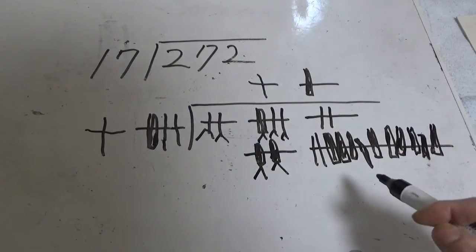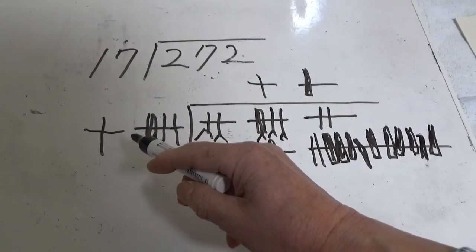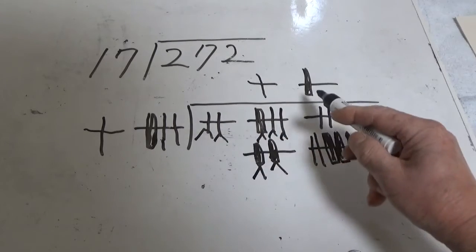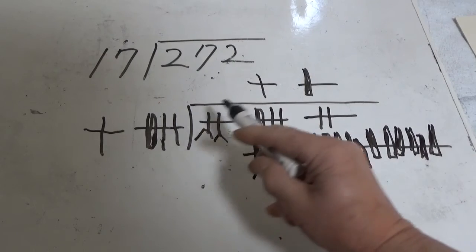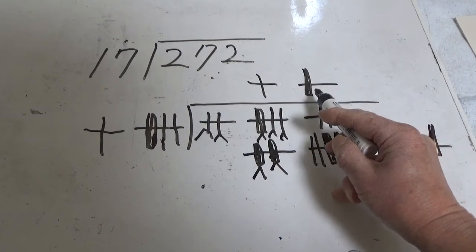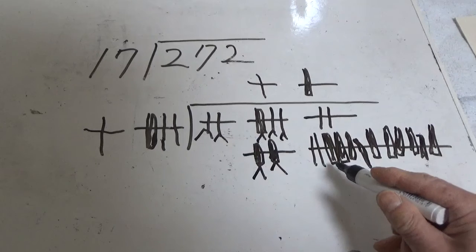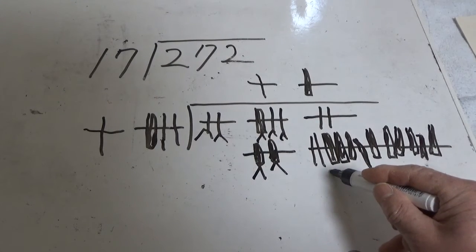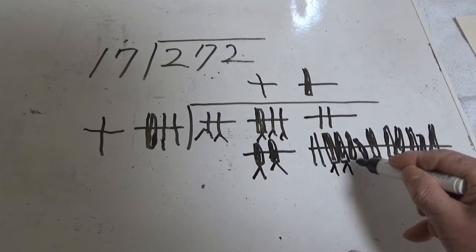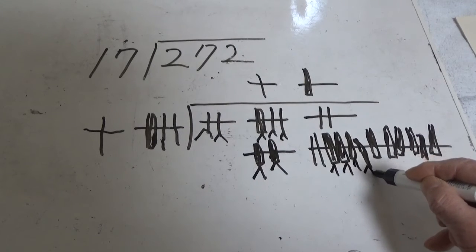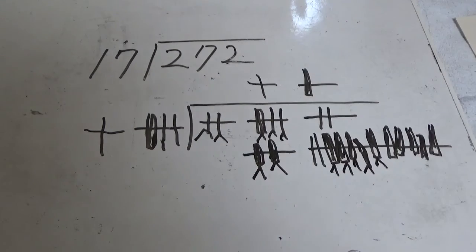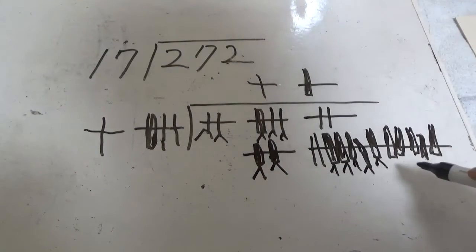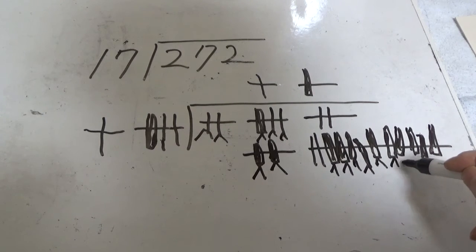Right, so 7 is going to subtract 5 times. 1, 2, 3, 4, 5, 6, 7.